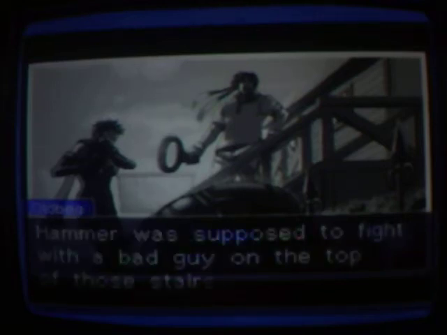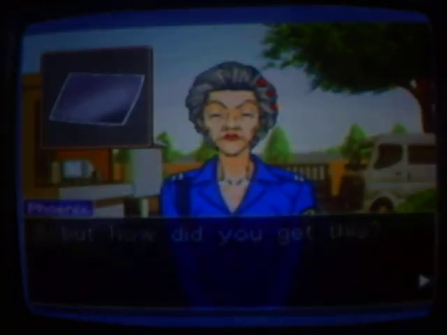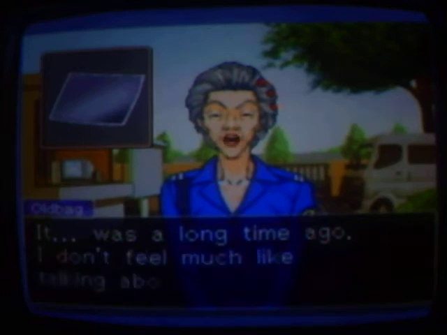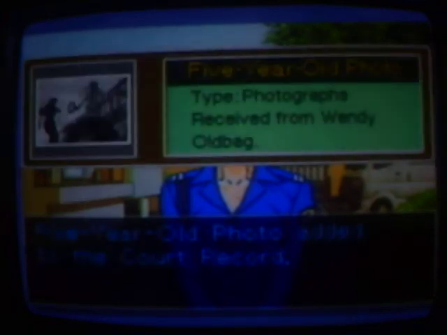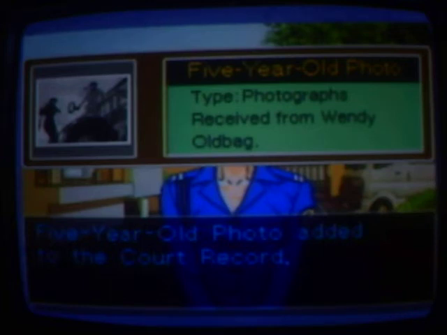Hammer was supposed to fight with a bad guy on top of those stairs there. He pushed the other actor and the man fell onto the flower box fence. But how did you get this? It was a long time ago. I don't feel much like talking about it. I understand. 5-year-old photo added to the court record. Typed photographs received from one of the old bags.